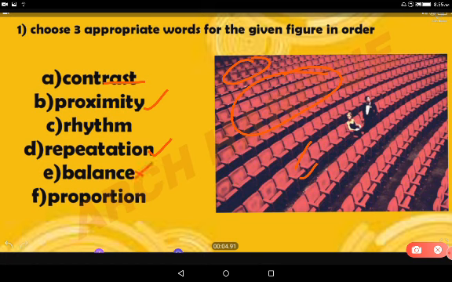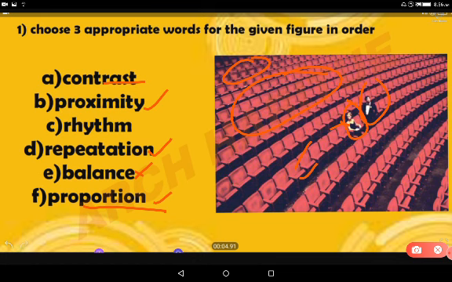but there is proportion. The proportion between the girls sitting, the boys standing, how it is proportionating with the chairs over here. Yes, there is proportion also. So the most appropriate word will be proximity or repetition.